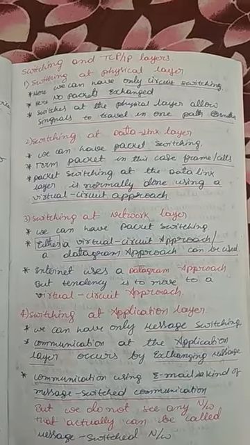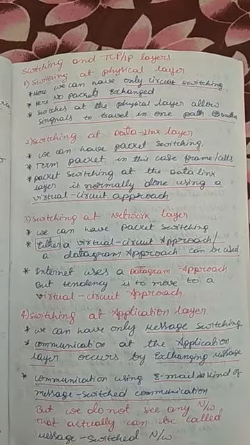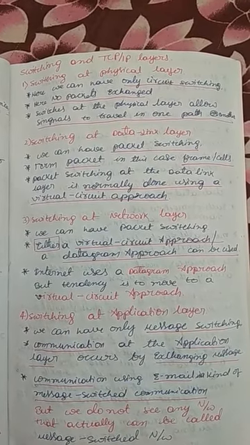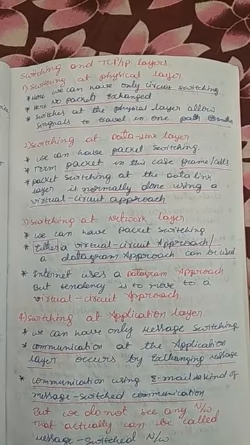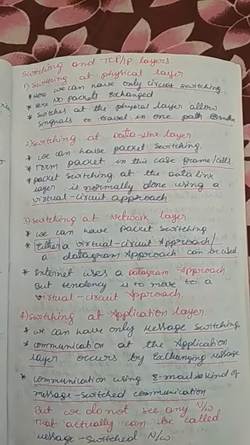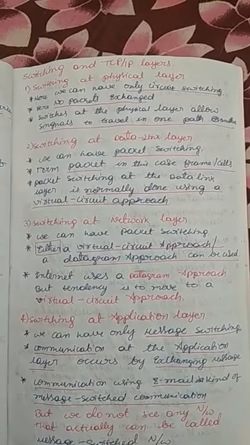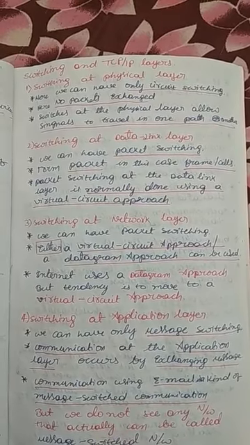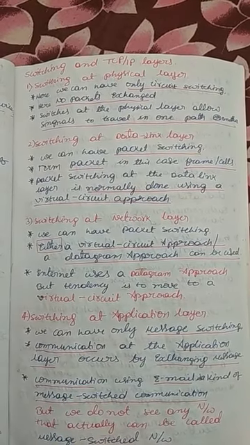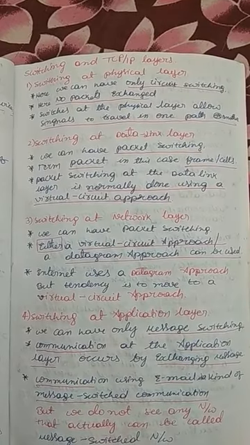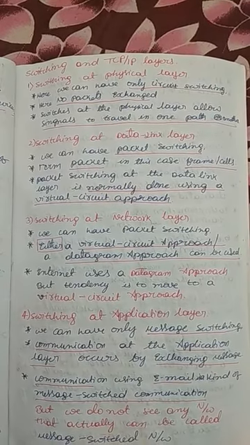Next is switching at the data link layer. Here we have only packet switching, not circuit switching. The term packet in this case is a frame or cell; frame or cell is another name for the packet in the data link layer.